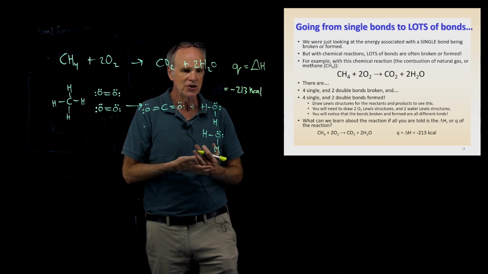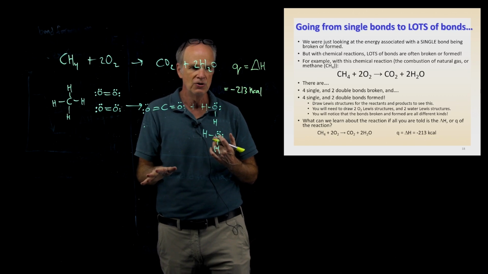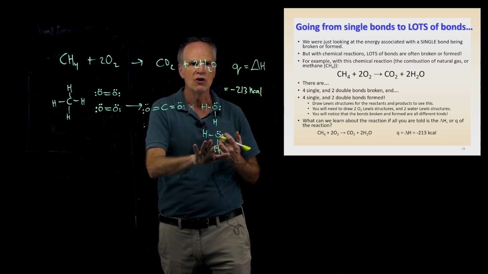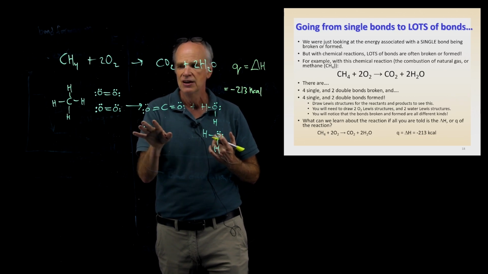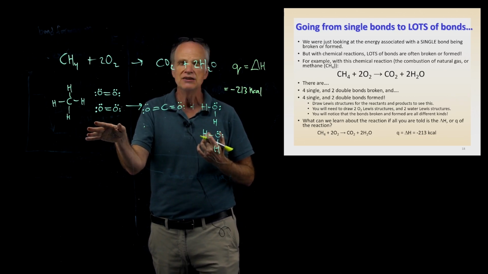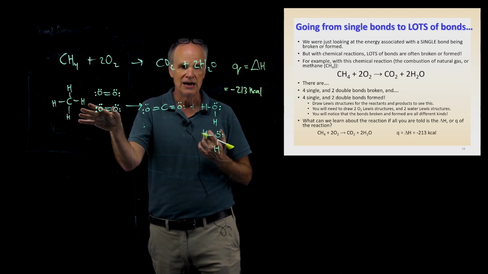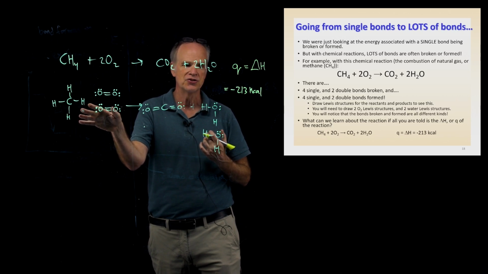So in an exothermic reaction, it is always the case that you will have more energy released when you make the bonds to make the products than the energy that you need to break the bonds in the reactants. That is always true for an exothermic reaction.